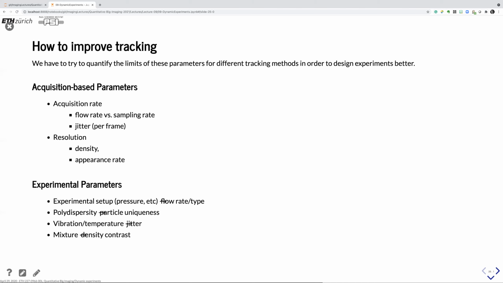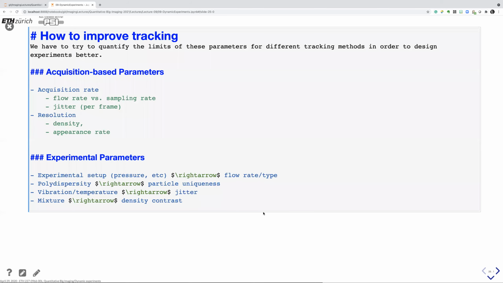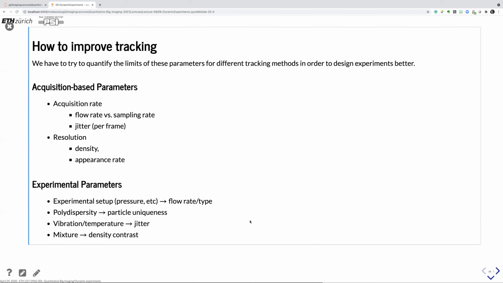And other parameters you can play with in the experiment, let's see, is controlling the process by changing flow rate or type, also looking at particle uniqueness to avoid the problem that you have all the same object.